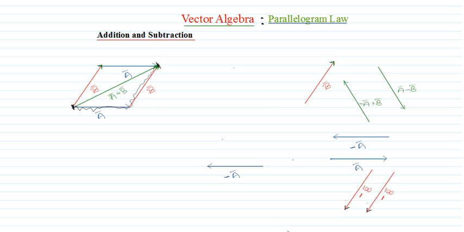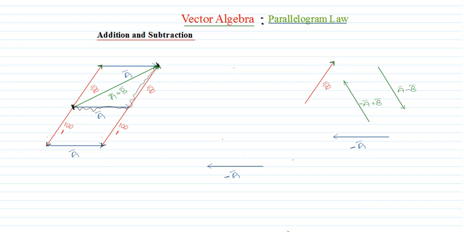Again same thing, we can get either a minus b or we can get b minus a here. So in order to get a minus b, I will project this b as a negative vector here. So this is minus b vector. Then we will complete the parallelogram by drawing the parallel lines like this. Vector a, parallel line I'm going to draw here, and vector minus b is already placed here.